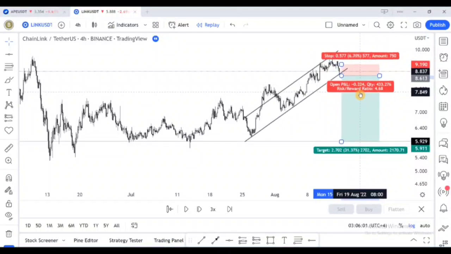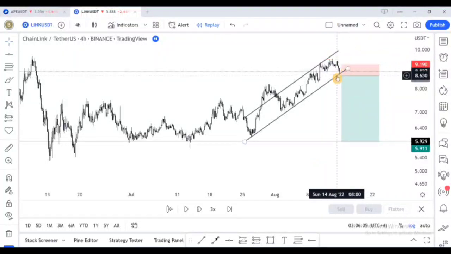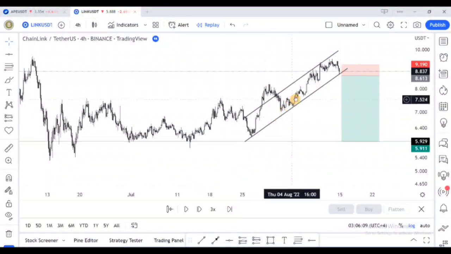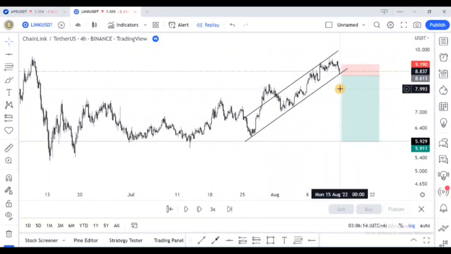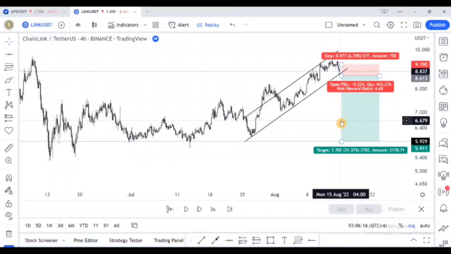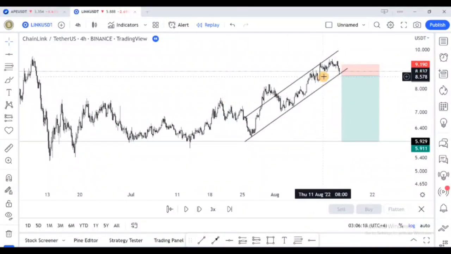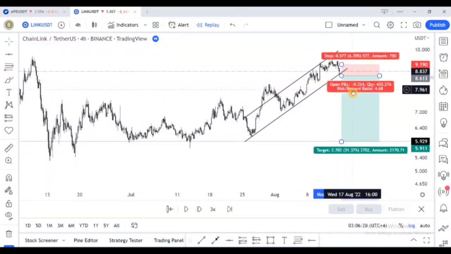So you set this up like this, and now you wait for a breakdown of this particular trend here to happen. There are two ways to enter this trade. Either you set your entry here at 8.45 and leave it, or you wait for a breakdown of this down channel to occur, then you trade it.